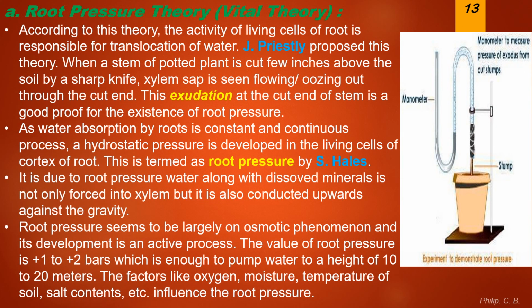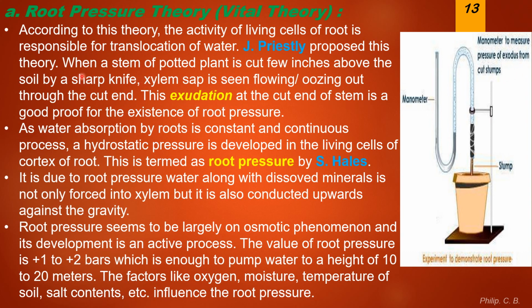Now, moving further, we'll take up the first theory, that is root pressure theory or vital theory. So again you can see a simple image to demonstrate the root pressure. Here a manometer is attached to the flower pot, the stem part, and then with the help of a clamp, the manometer measures pressure of exudation from the cut stems.